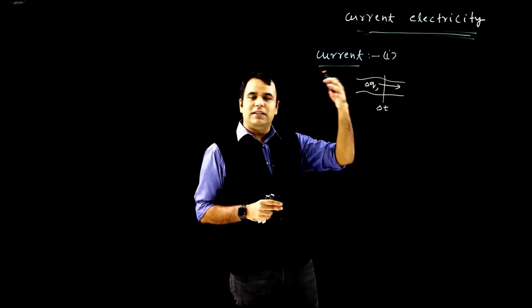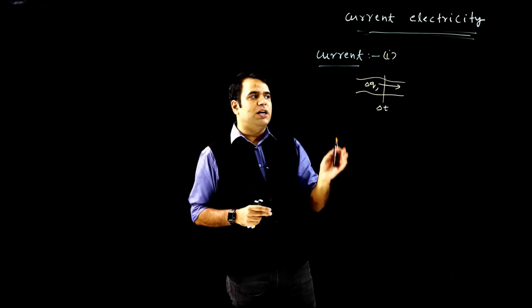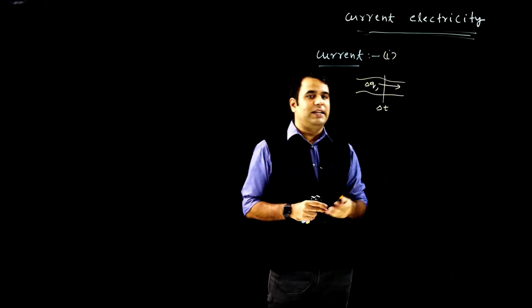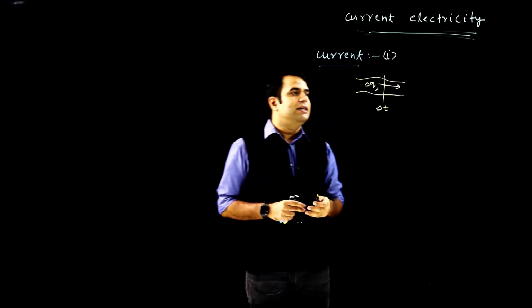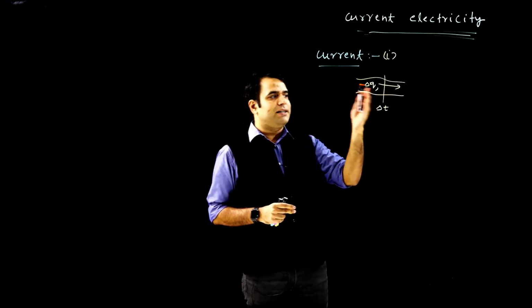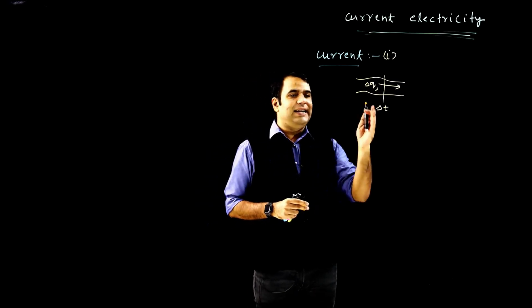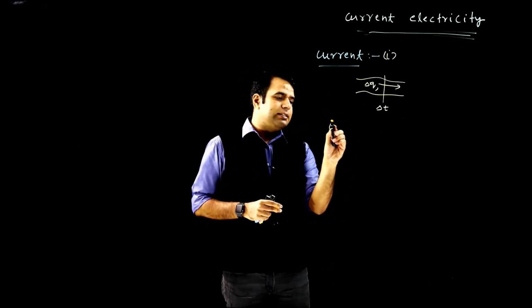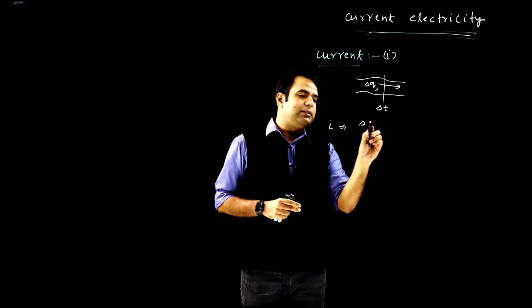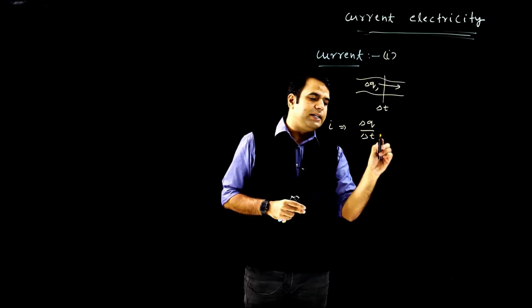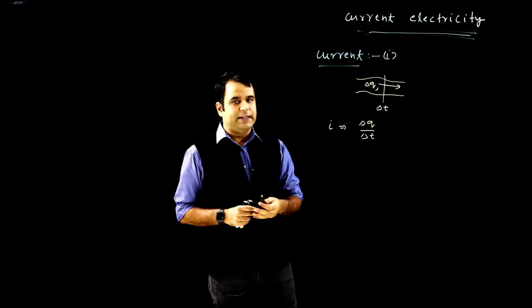So if in this conductor delta Q net charge passes through this cross-section area in delta T time, in that case current I is defined as delta Q by delta T. That's how we define the current.